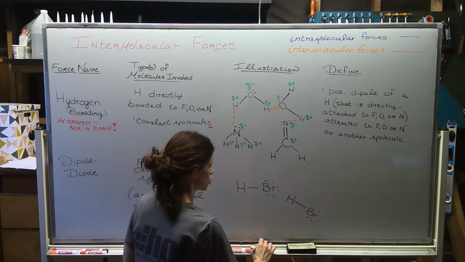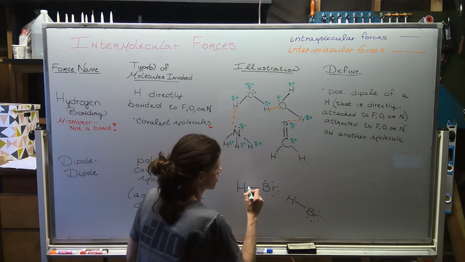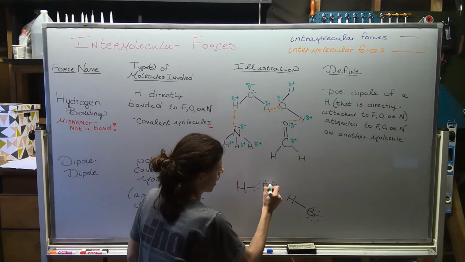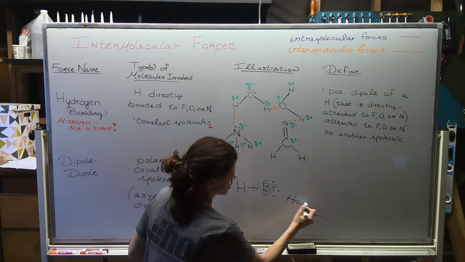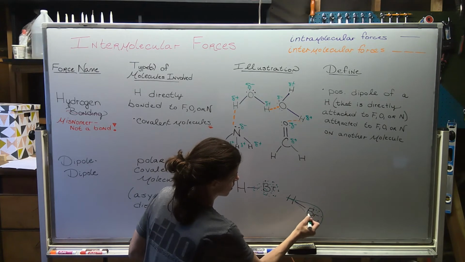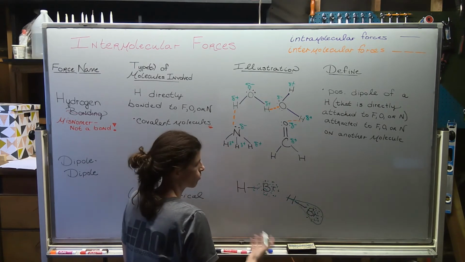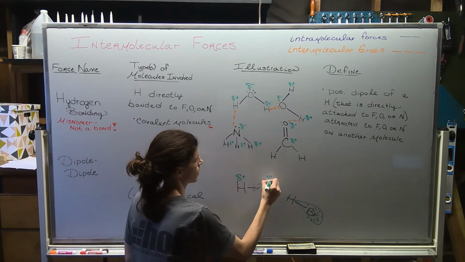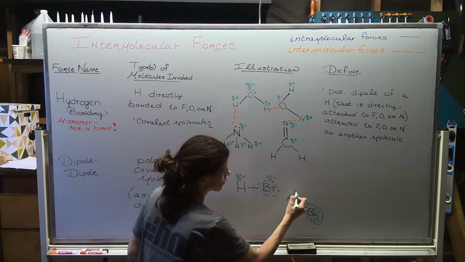We know that there's a higher probability of finding those shared electrons somewhere in the vicinity of the bromine. We don't know where they are, but they're probably near the bromine. So that gives the bromine a partial negative charge.